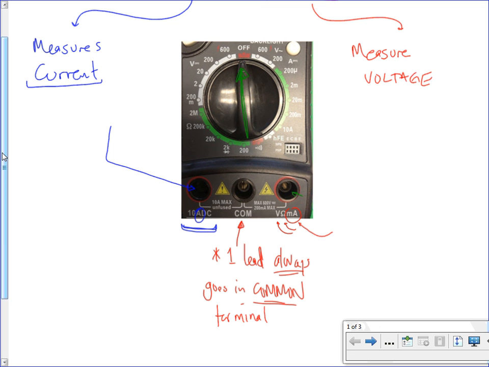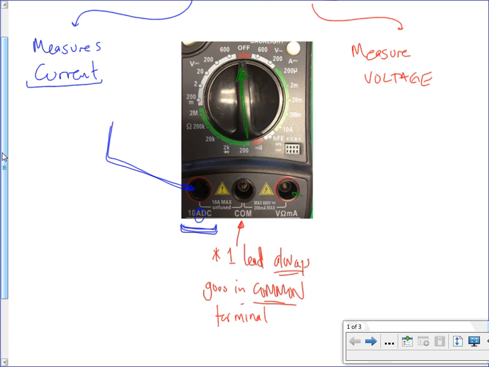They're very sensitive, and when people use them incorrectly, there's a little fuse inside the multimeter that will blow, and they're probably all blown because people aren't always careful. So the most likely scenario is that you're going to use this terminal when you want to measure currents. It's just not as precise as the one on the right, but the one on the right won't read anything because the likelihood is that fuse is blown.